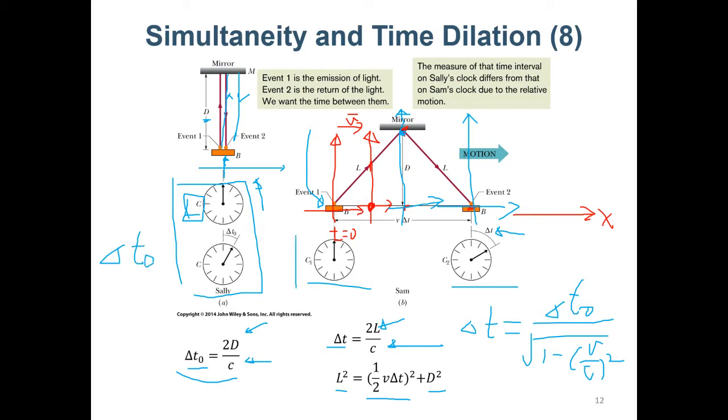And for this one, you use delta t. So in one sentence, it will be like this: if you use one clock, then it is the proper time. If you use two clocks, that is delta t, and it will have a time dilation.